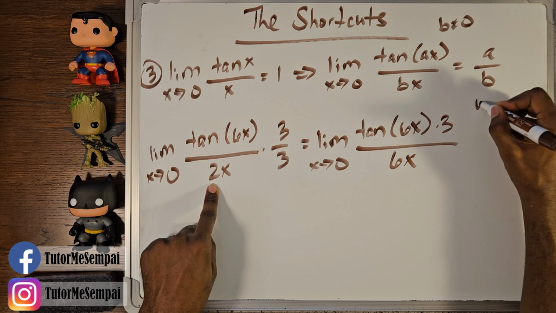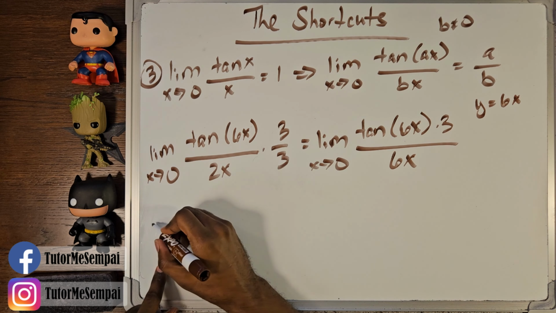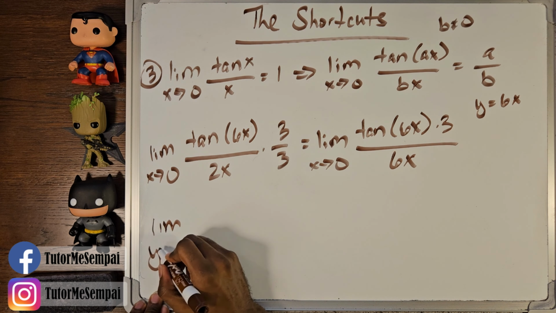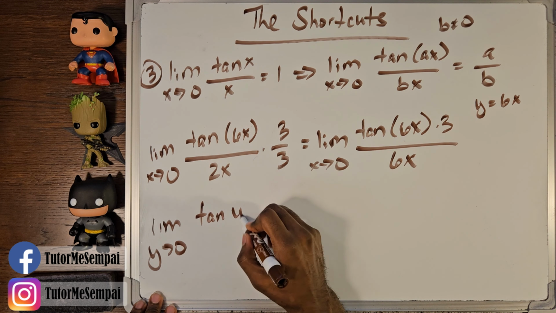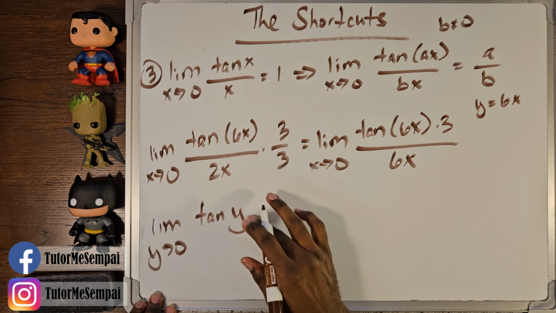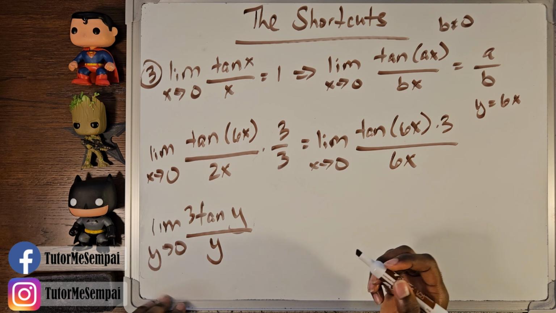And this is going to be the same exact step. We're going to have y equals 6x. And then we're going to substitute in. When we do that, we have the limit as y goes to 0 of tangent of y times, let's put 3 tangent of y all over y.